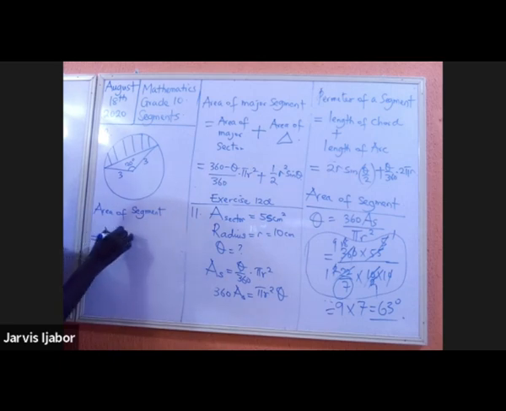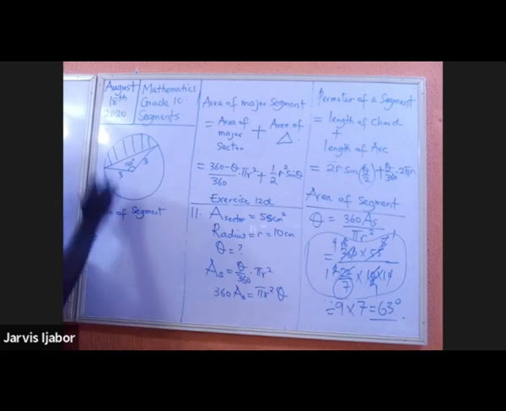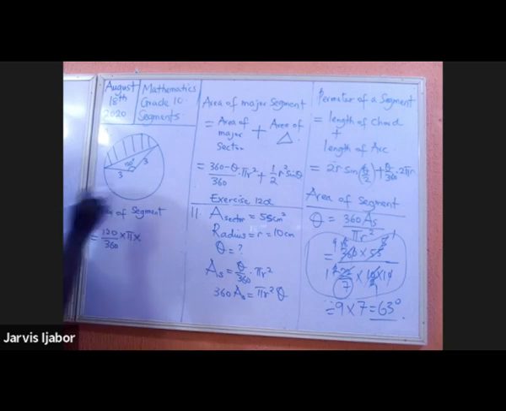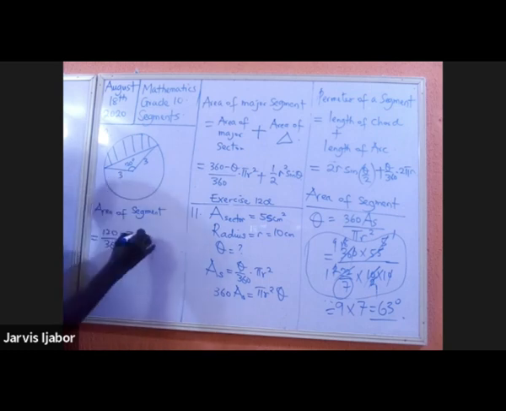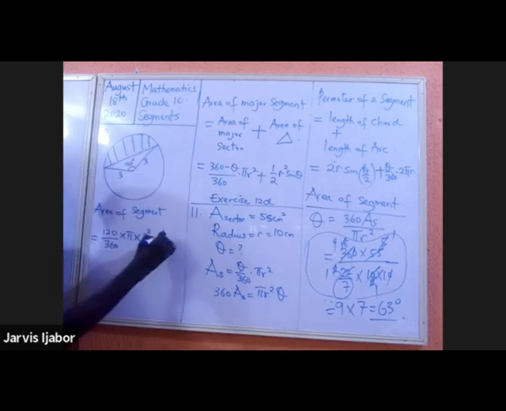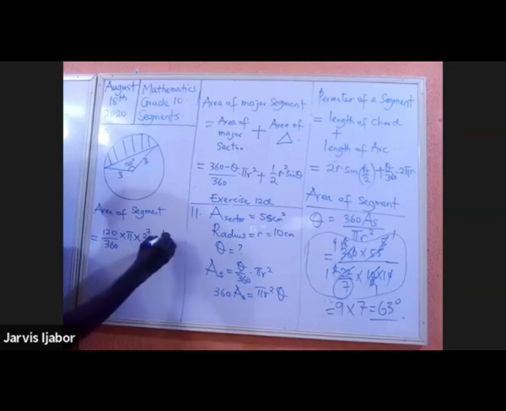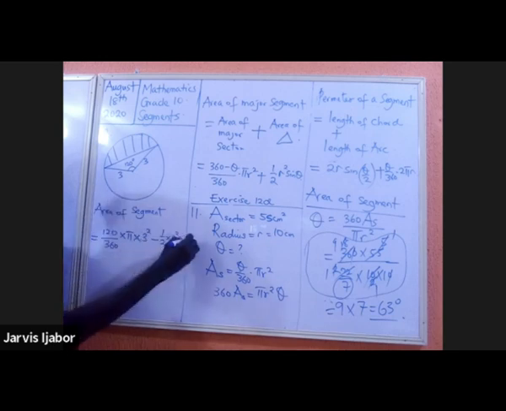area of sector minus area of triangle. So the area of the sector is 120 over 360 times pi times the radius squared. We're saying in terms of pi, so times pi times the radius, which is 3 squared, minus the area of this triangle, which is half times 3 squared sine 120 degrees.